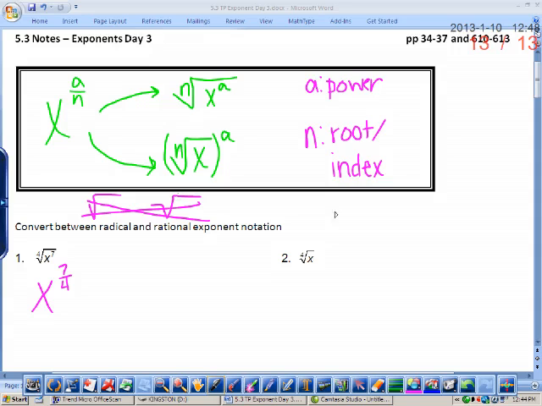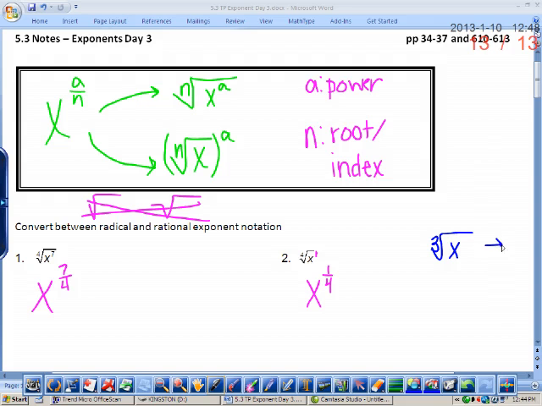Okay, look at number 2. I have the fourth root of x. What power is implied here? 1. So how could I rewrite this? X to the 1/4. So the fourth root of x means the exact same thing as x to the 1/4 power. Okay? So how do you think we could rewrite the cube root of x?